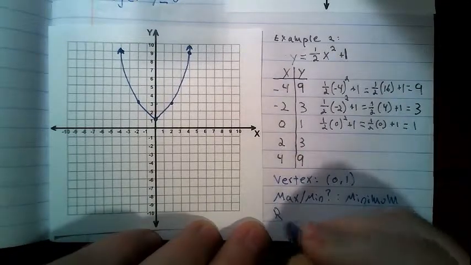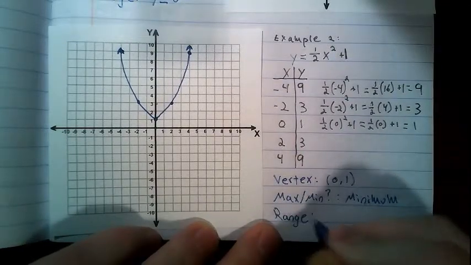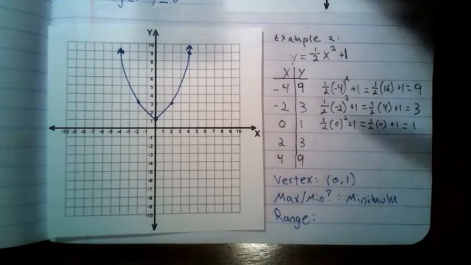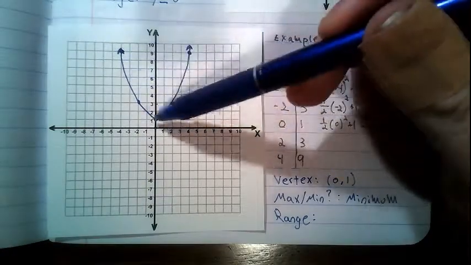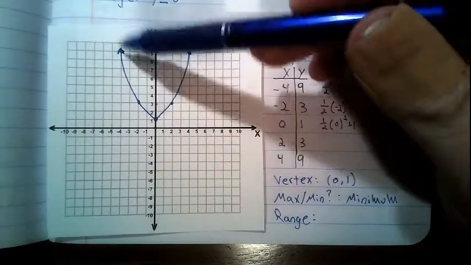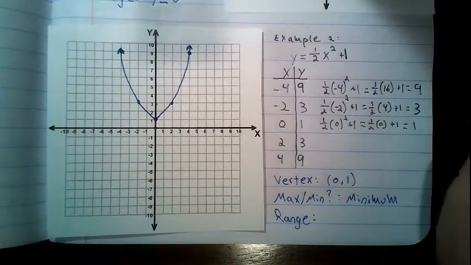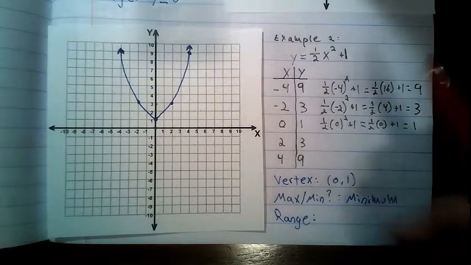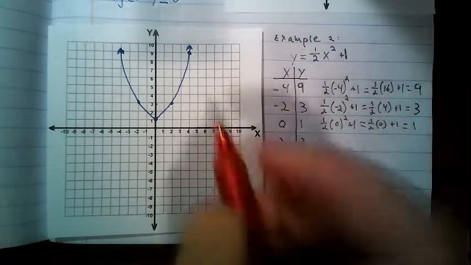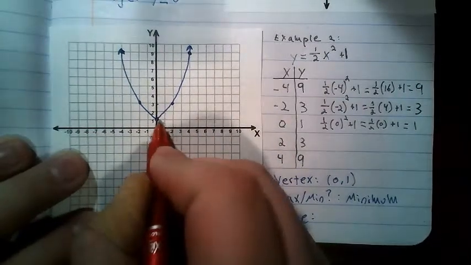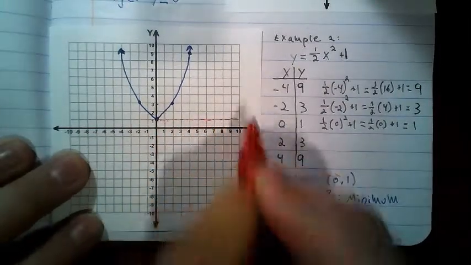And what about the range? So let's look at the graph. They're all up here, right? So we know they're positive values, but because I did this plus 1 here, this line's never going to go below 1.